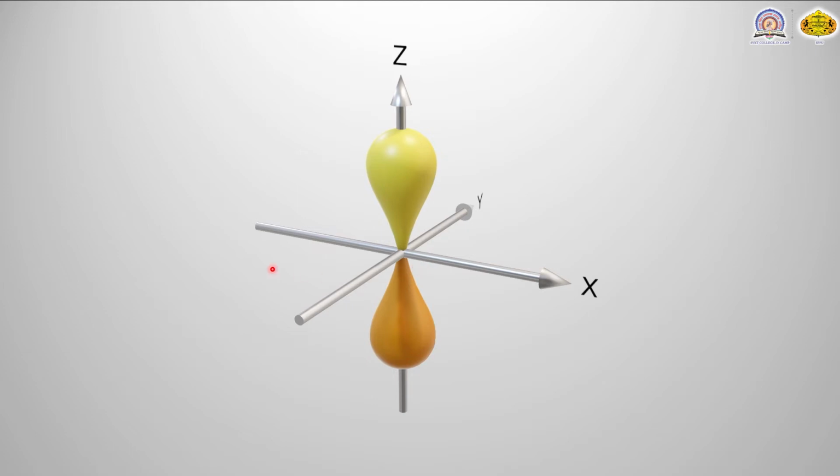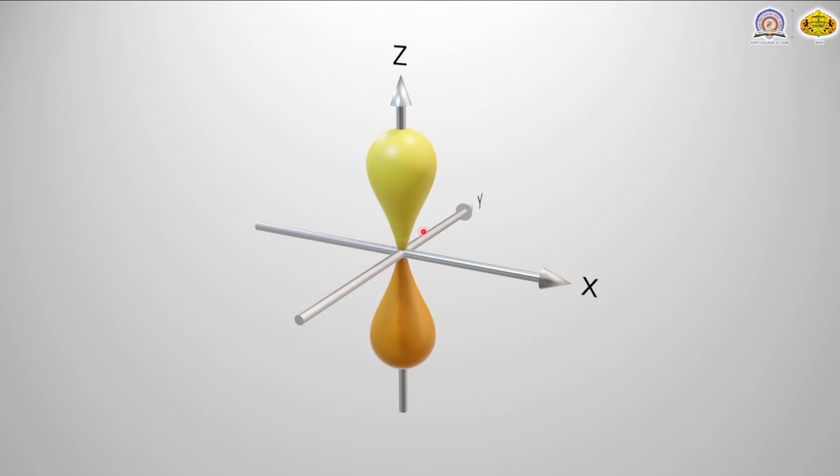So orientation means this lobe is oriented along which axis. So as we can see here, the orientation of this p orbital is along z axis. So this p orbital is represented as pz orbital. Likewise, if that lobe is oriented along x axis, that orbital is called as px orbital.